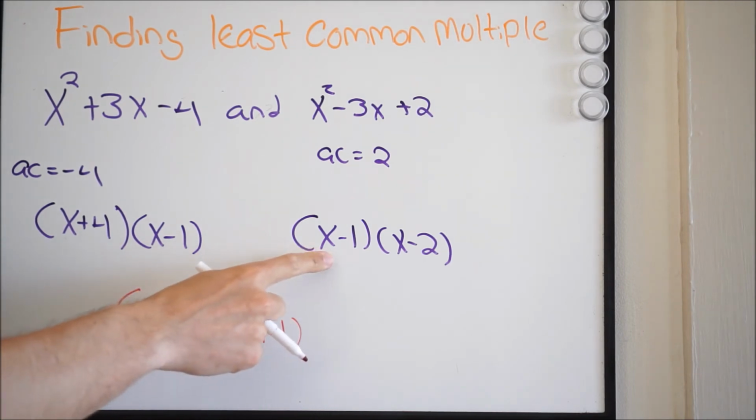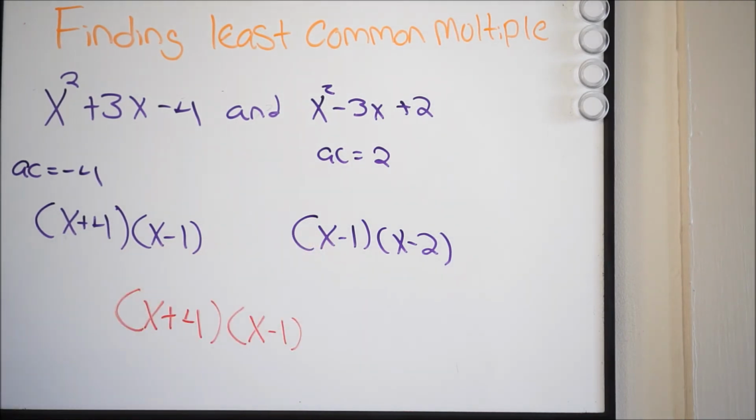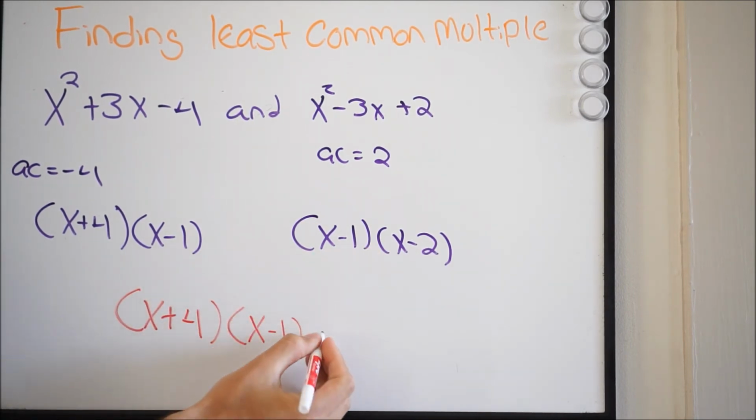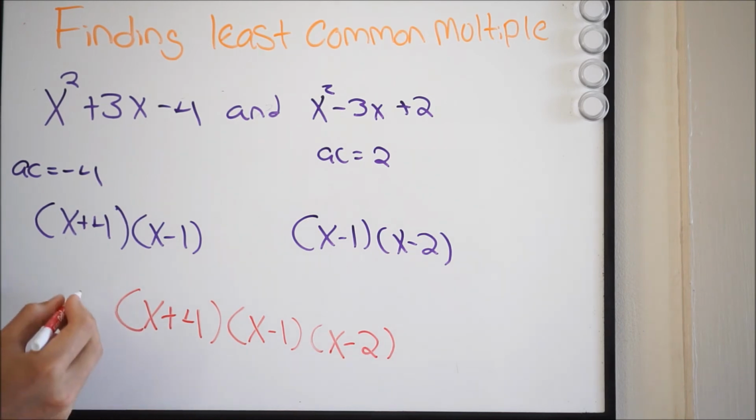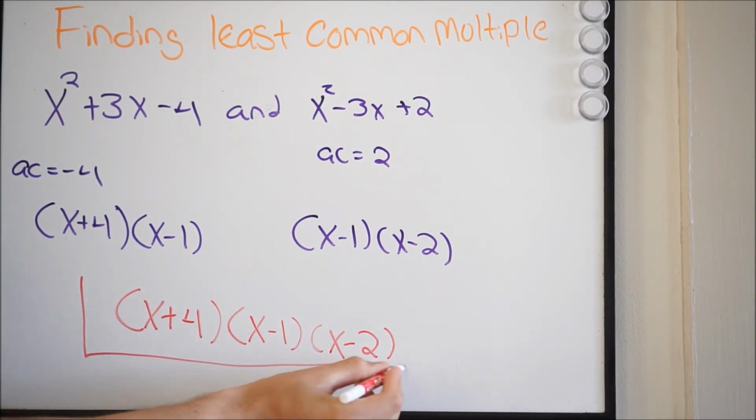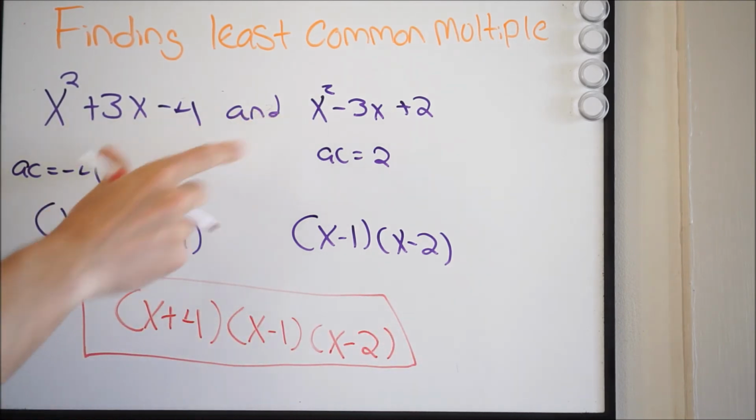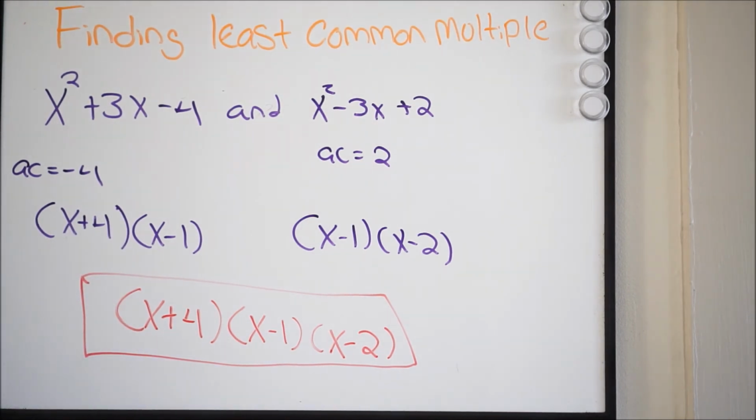But again, we have that same factor right here, so we only have to write it one time. And then we have x minus 2. This is going to be the least common multiple of these two quadratics that we have.